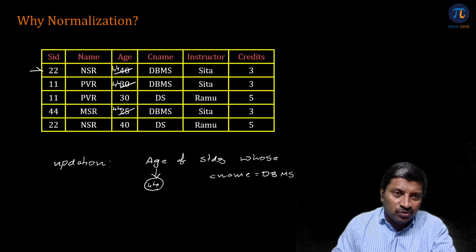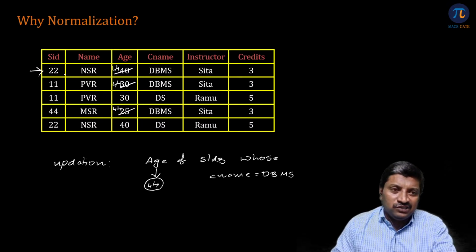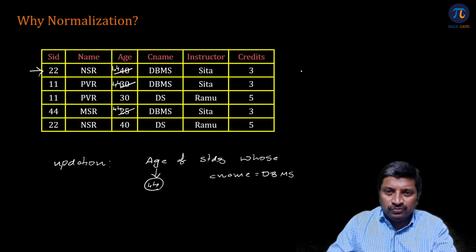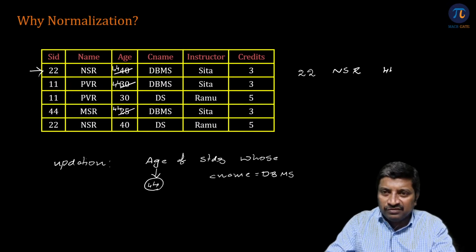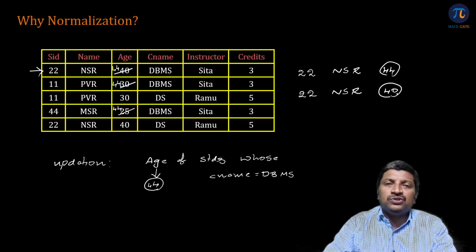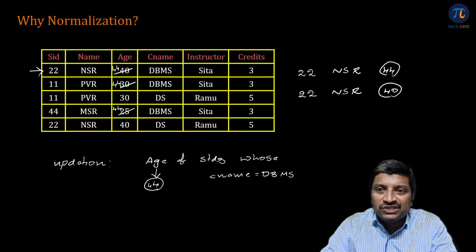Please observe it. In the first row, it is saying that the age of the student NSR is 44. But in the same table, if we go to the last row, the age of the student is 40. So this leads to a problem of inconsistency.